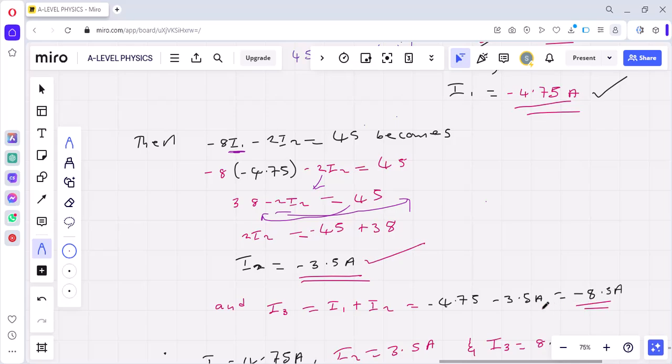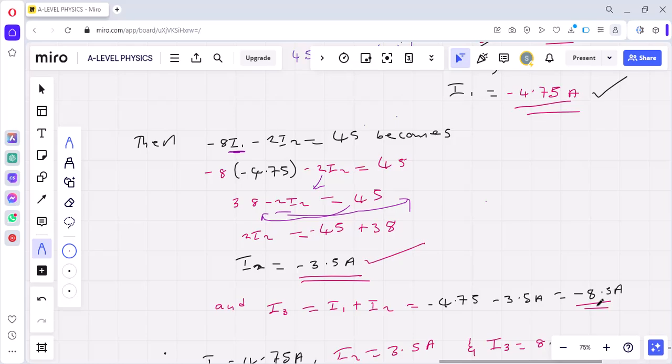Now you've seen that all the currents here are giving us negative values, which implies that the directions of the currents that I chose are opposite to the real directions of the currents.